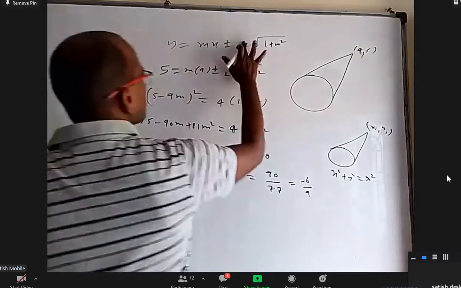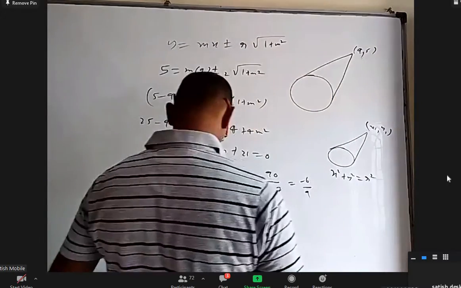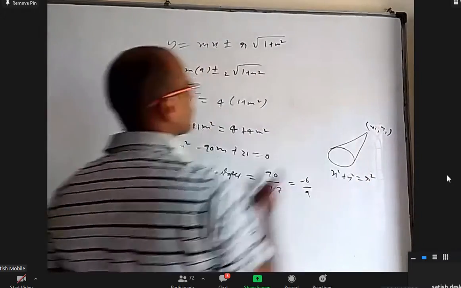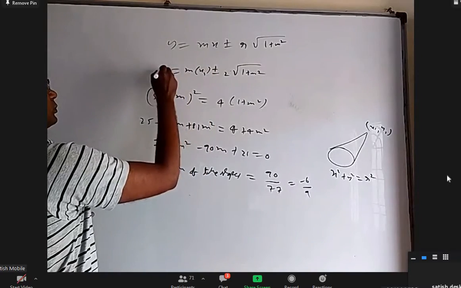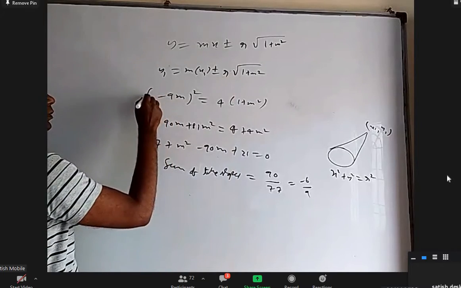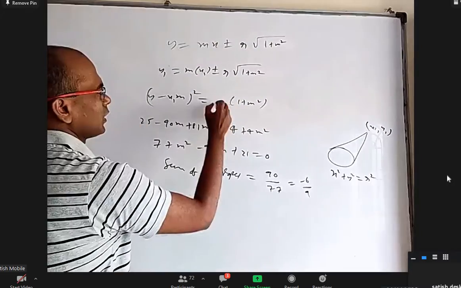Okay, so I can take r here. This will be x1, this will be y1, and this will be r. This will be y1 minus x1 m, and this will be r square.